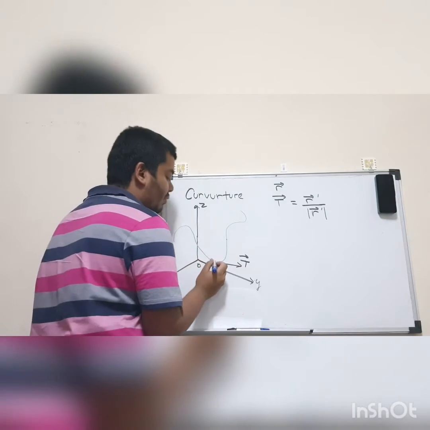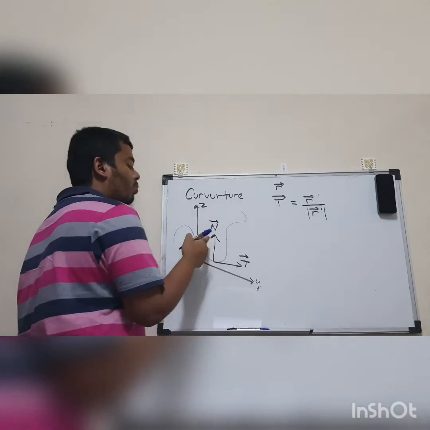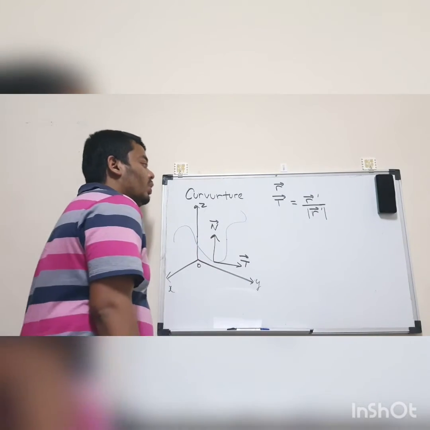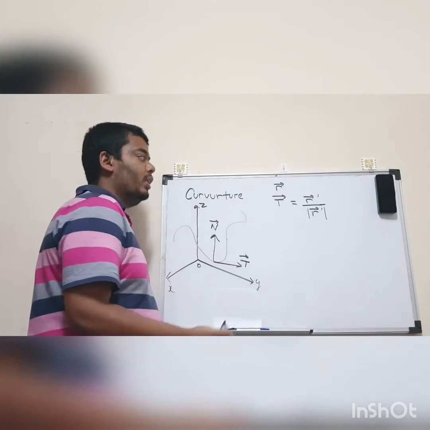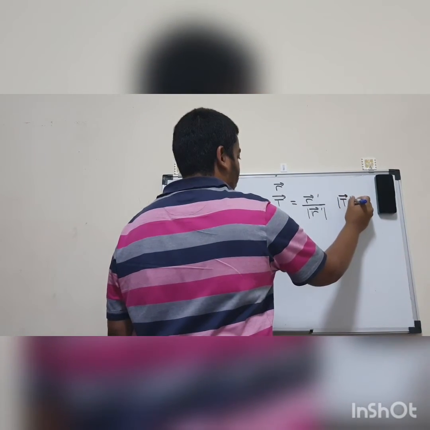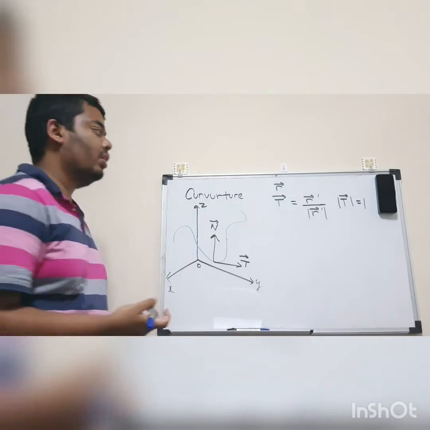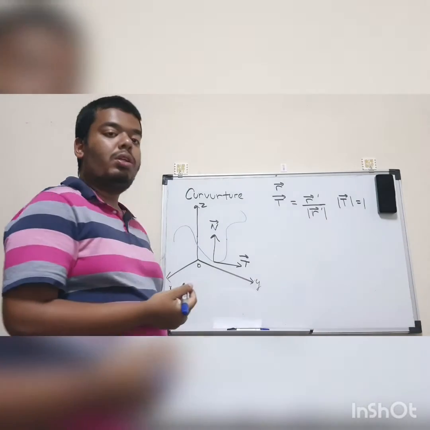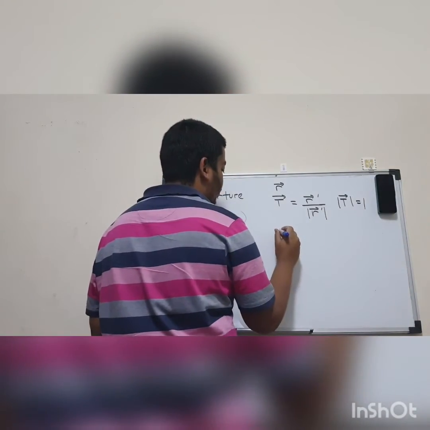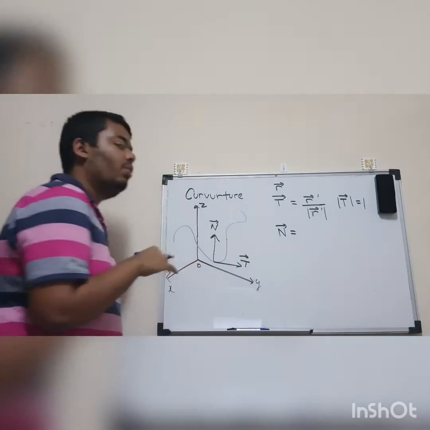It will always have a normal vector. The normal vector is always perpendicular to the unit tangent vector. The unit tangent vector is a unit vector, so its magnitude is 1. Any vector which has a constant magnitude is perpendicular to its derivative. So the unit normal vector is actually given by, guys, I need you to keep this formula in your mind.